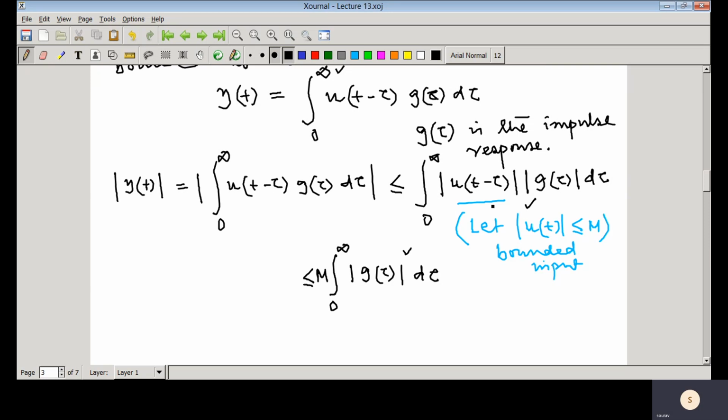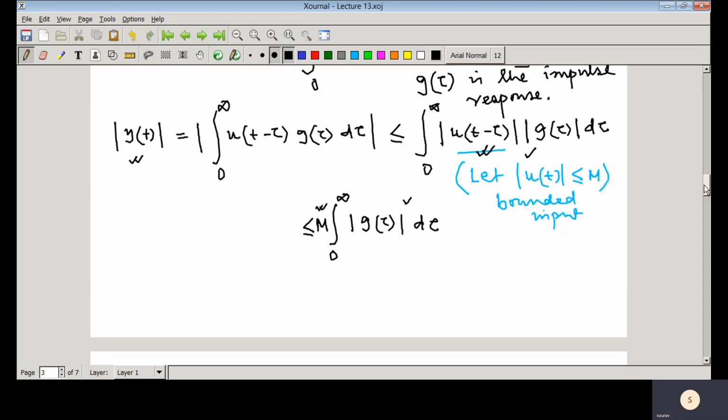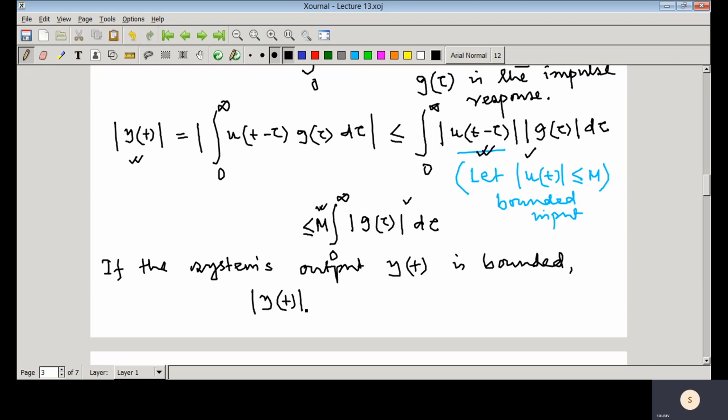In place of u we have replaced this M. Now if the system's output y(t) is bounded, that means the mod of y(t) is less than or equal to N, and as it is bounded, that should be less than infinity.